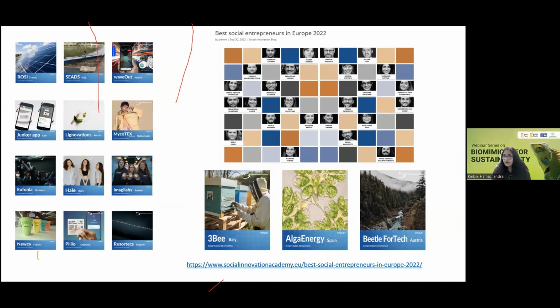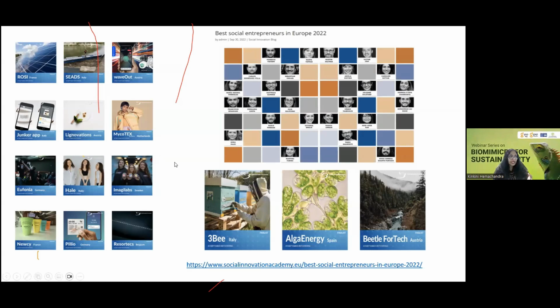But then you may wonder whether this speaker forgot to talk about biomimicry. No, I didn't. Because when you look at all these social entrepreneurs, most of those I found from the European region try to incorporate and go hand in hand with nature-based solutions and biomimicry concepts in their businesses.